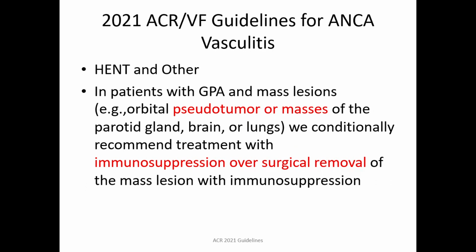If there is a pseudotumor or masses, again, the recommendation is more inclined towards immunosuppression rather than surgical removal of the masses. Sometimes you'll come across retro-orbital masses, and in those cases, those patients really respond well. And if you do serial MRIs, then there is regression of the tumors after treatment with rituximab.